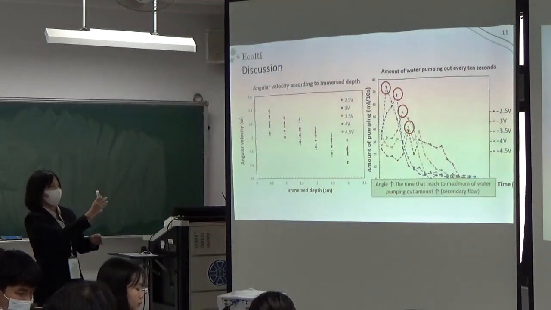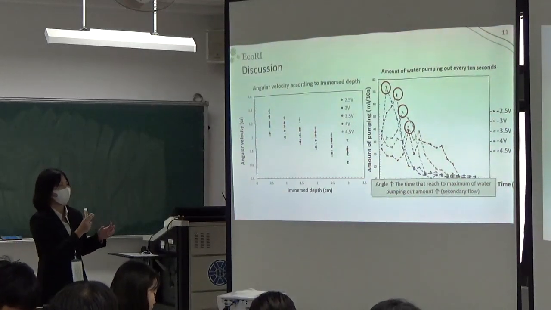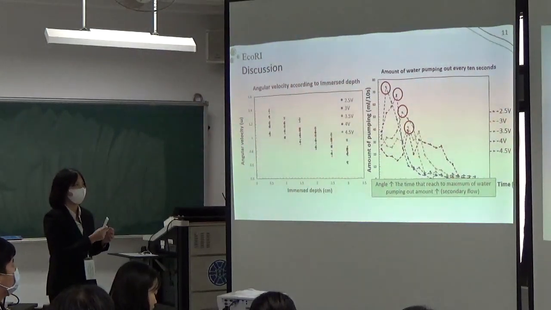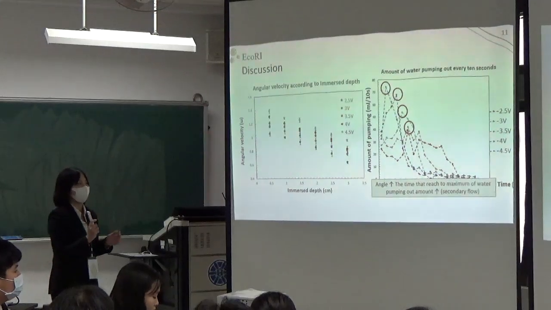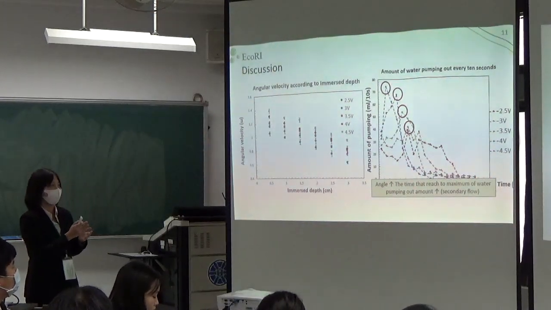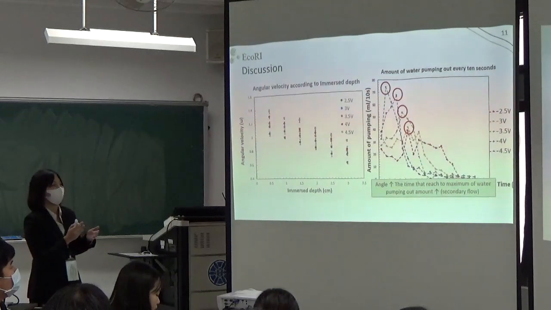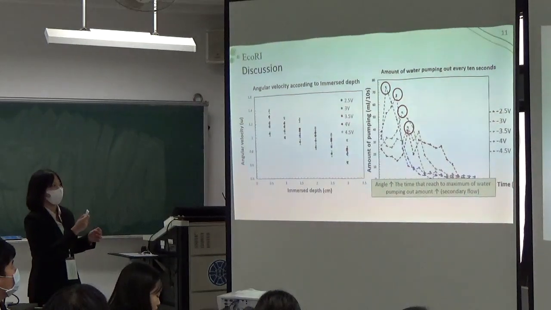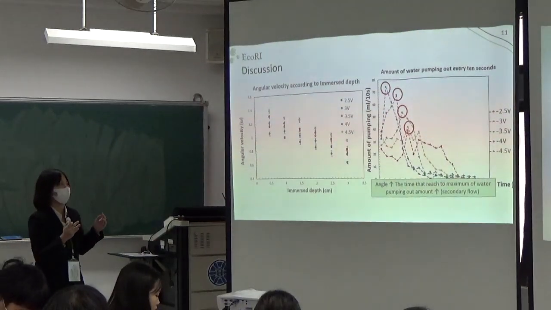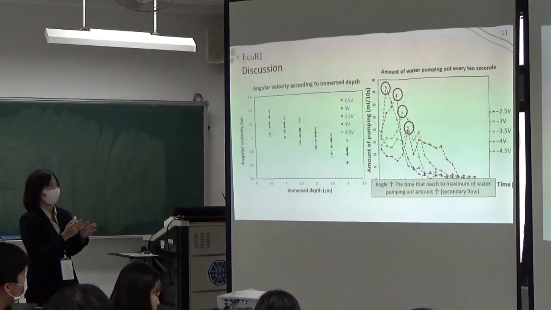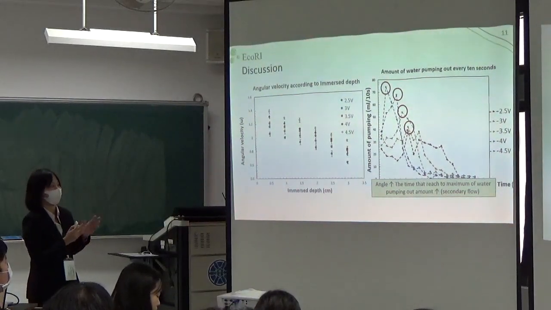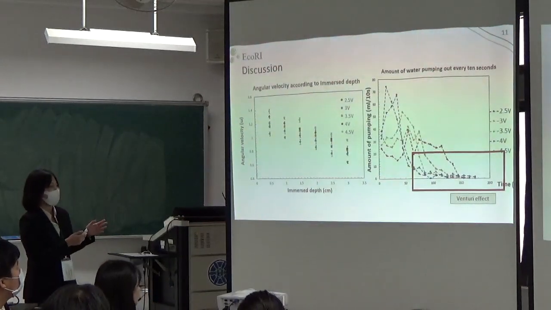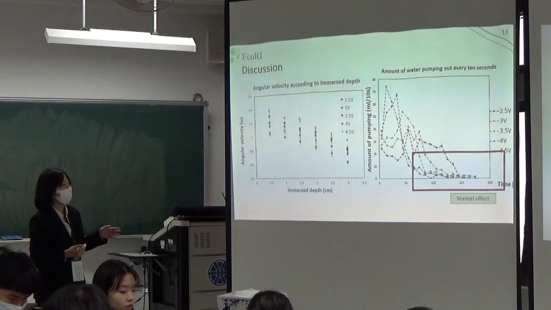Because if the voltage increases, it means that the straw's rotating speed increases. So the secondary flow forms faster, and the time to reach the maximum amount of water will be shorter. And in this part we can find that it goes a little bit up and down, and we think that is because of the Venturi effect we talked about.